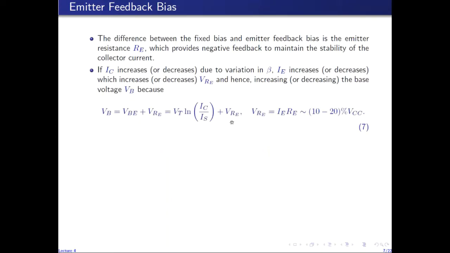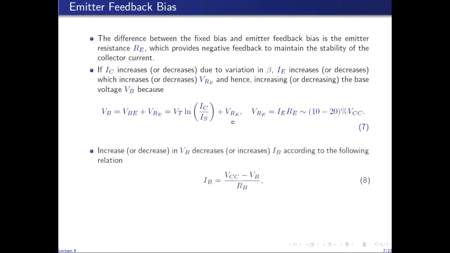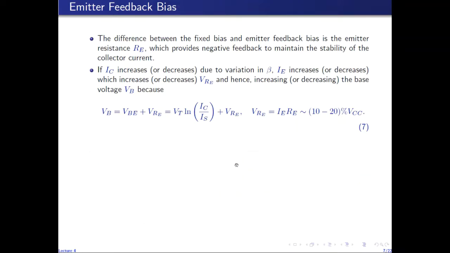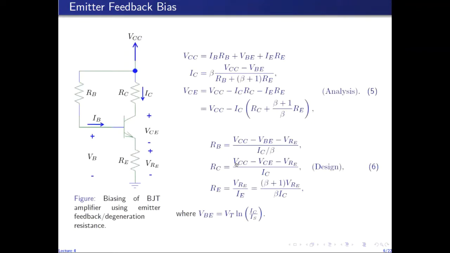So VB will increase. When VB increases, IB will decrease according to this relation, because we can write the equation for IB as VCC minus VB over RB.